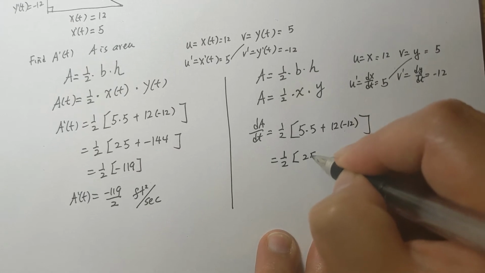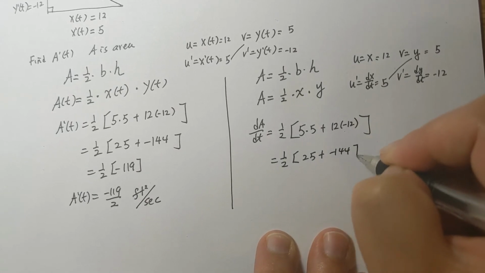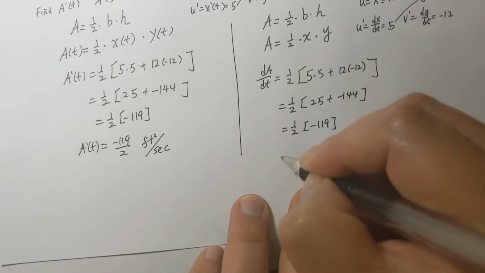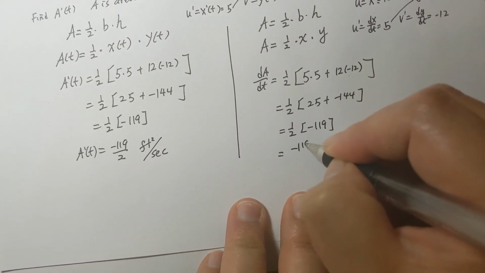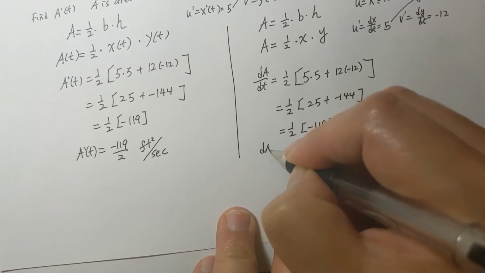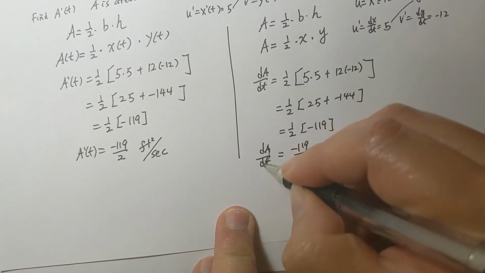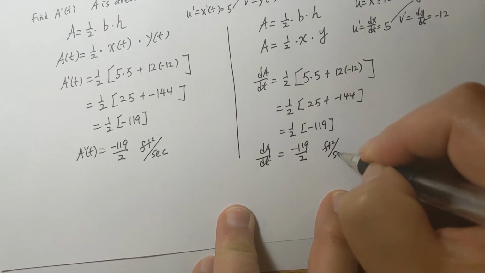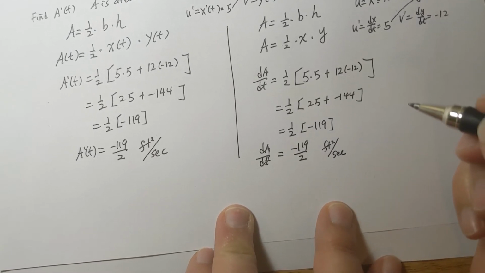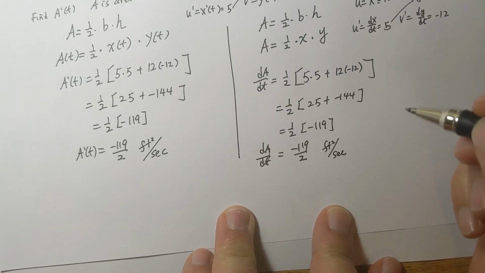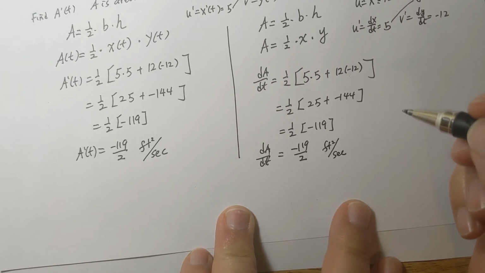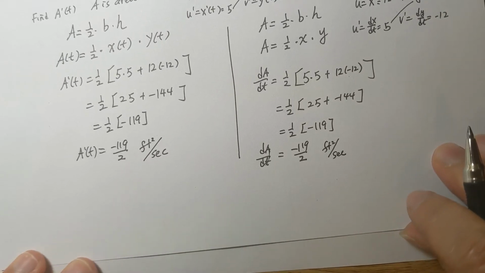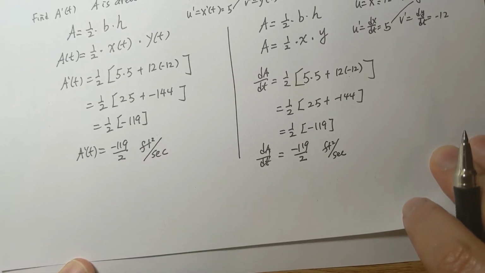So we get 25 plus -144, and then we get half of -119. So we get -119 over 2. Two-dimensional, so therefore you're going to get square feet per second. So that means the area is decreasing at 119 over 2 square feet per second. So we finished part B.